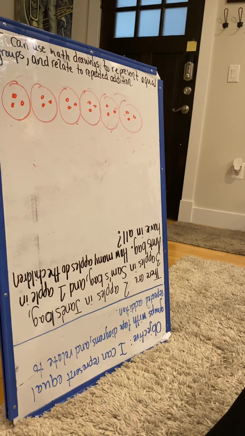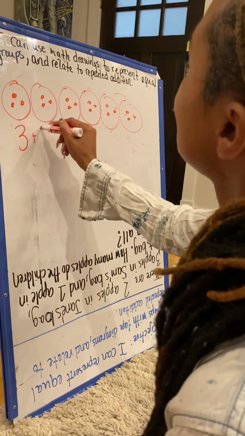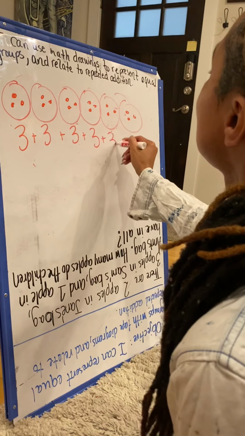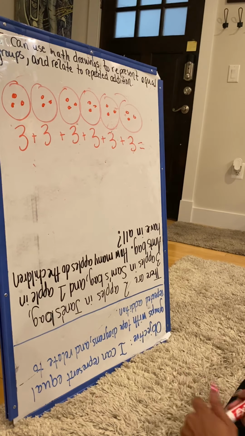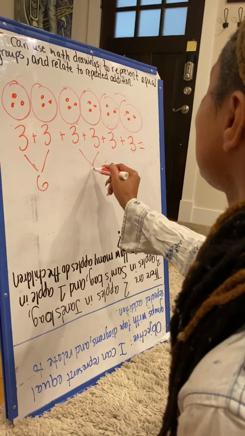Now I want you to write a repeated addition number sentence and say it with me as you write. 3 plus 3 plus 3 plus 3 plus 3 plus 3 equals. How can we group the add-ins to find the total? Yep, we can use doubles. So we might say 3 plus 3, 6. This 3 plus 3 equals 6.